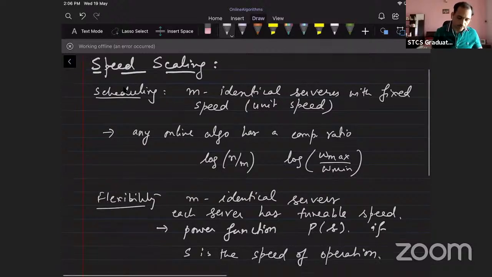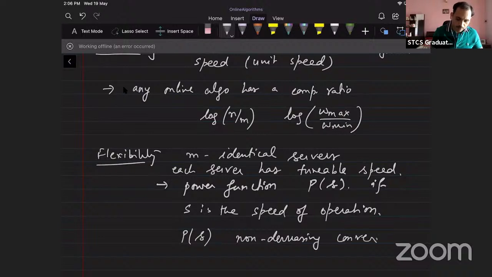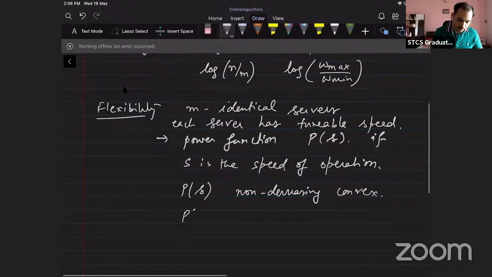So each server has an associated power function, P of S, where P of S is non-decreasing and generally taken to be convex. One simple and popular example is P of S equal to S to the power alpha, where alpha is typically taken to be greater than 2.